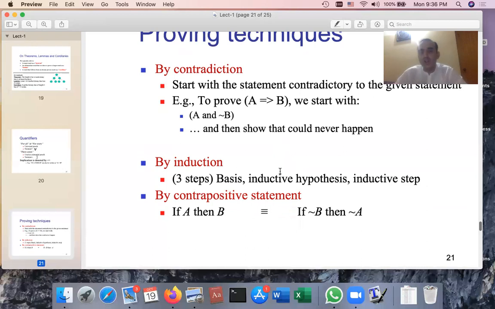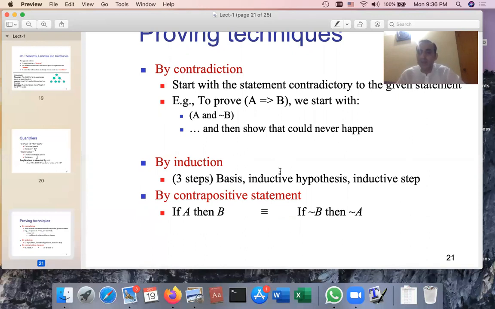Similarly, induction is a very popular method, mathematical induction, in which you have three steps: the basis, the inductive hypothesis, and the inductive step. It's only a reminder. In the basis, you have to suppose something with, say, k equal to 0 or something like that.